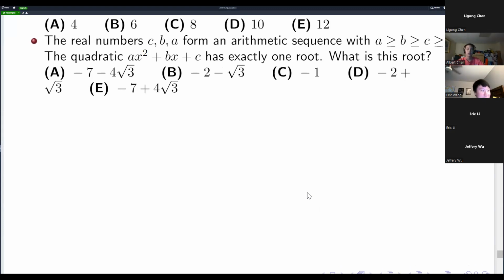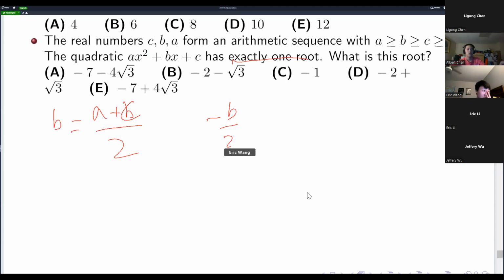So I'll explain the problem. We can write B as the average of A and C, because it's an arithmetic sequence. And because it has one real root, the discriminant is 0. So we need to find the unique root, negative b over 2a.